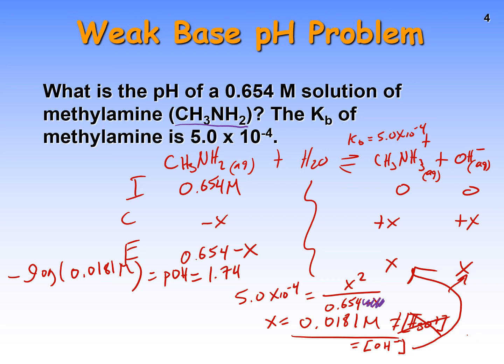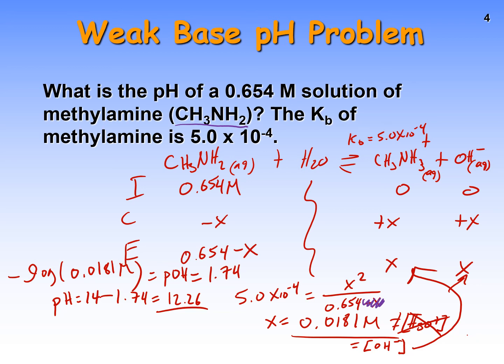That's my pOH. And so pH is going to be equal to, like in the last problem, 14 minus pOH, which gets me 12.26. This makes sense because it's a basic pH. We have a basic solution. Yeah. So if you have any questions, let me know.